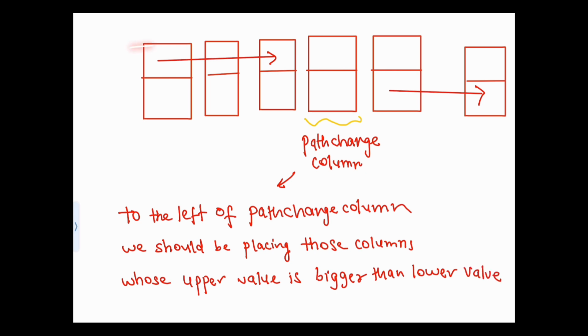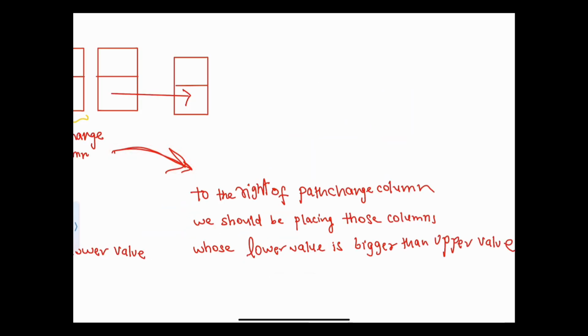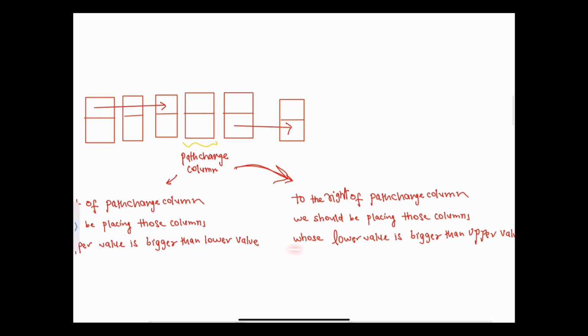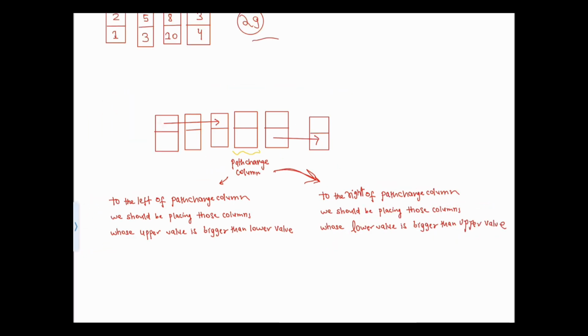So for these columns, the values at the top should be bigger than the values at the bottom, right? And similarly to the right of this path change column, we should be placing those columns whose lower value is bigger than the upper value. The lower values for these columns should be bigger than their upper values. So that's how we should place the other columns around our path change column.